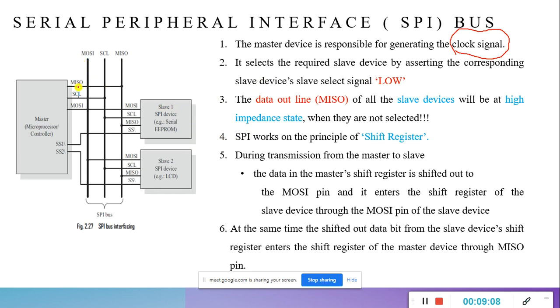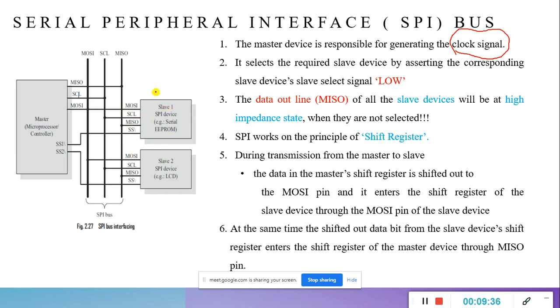Then once again, what is to be done? Finally, if the master wants to send data, then the MOSI line is the data output line. The MISO of all the slave devices will be at high impedance state when they are not selected.